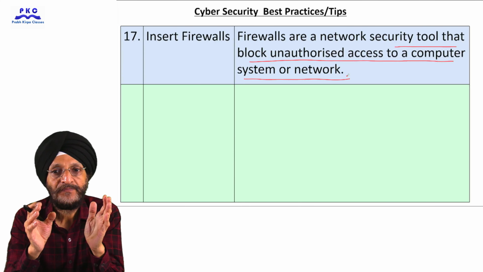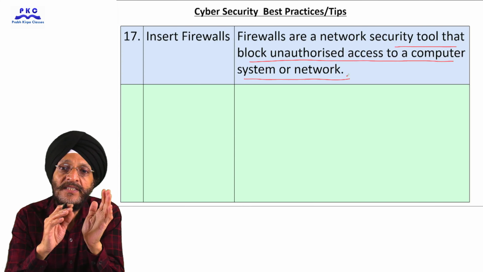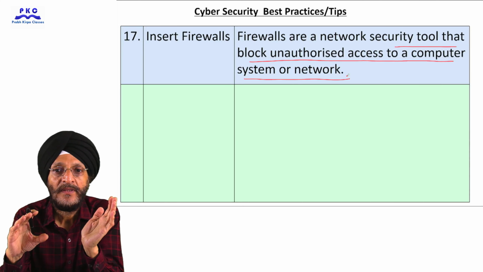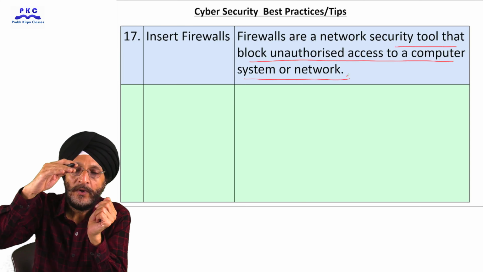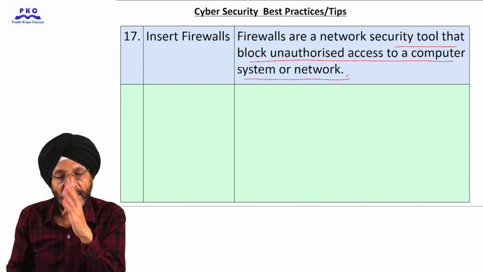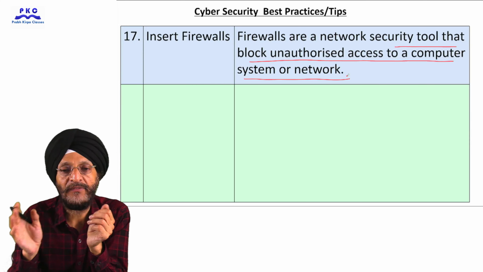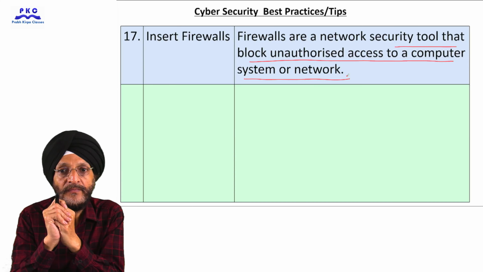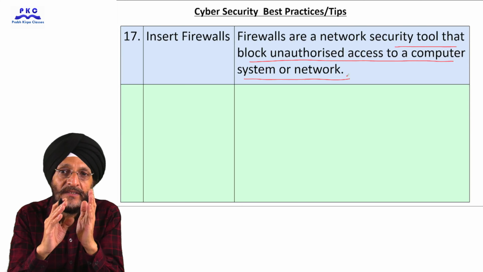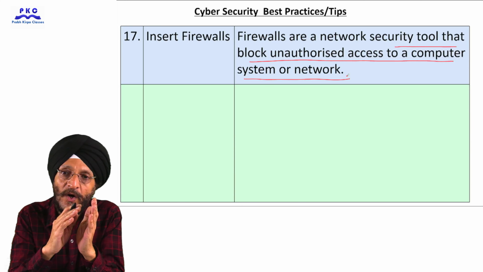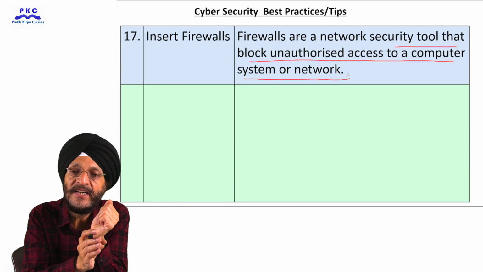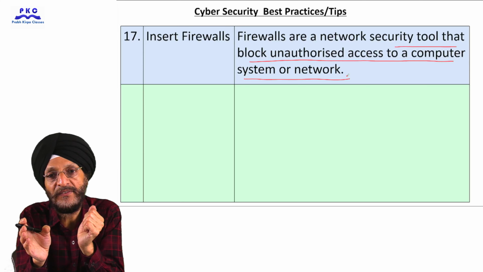In the same way, a firewall checks each packet of data that tries to come inside the network or tries to go outside your network. The firewall may allow or may not allow any piece of data to come inside the network or go outside the network.